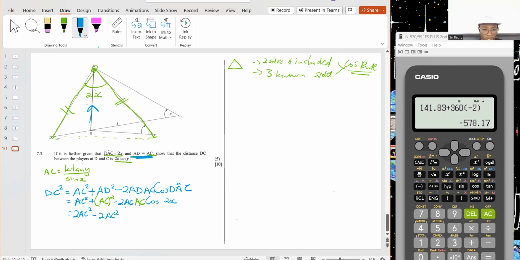Then I can change cosine using the double angle identity, it is 1 minus 2 sine squared x.